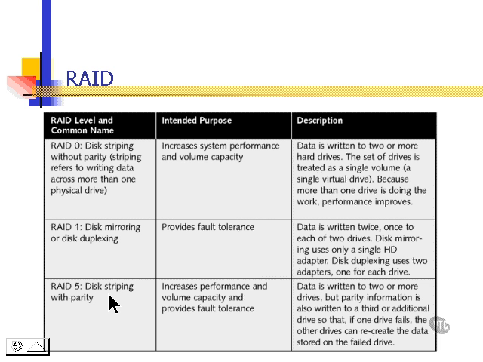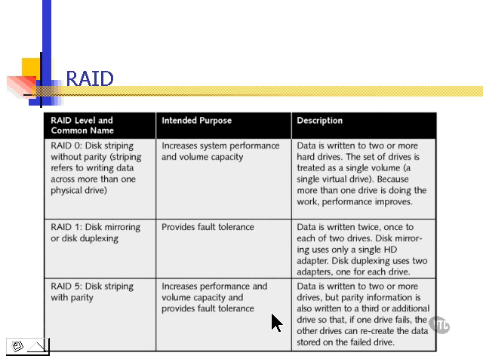RAID level 5 is disk striping with parity. This increases performance and volume capacity and provides fault tolerance. With RAID level 5, data is written to 2 or more drives, but parity information is also written to a 3rd or additional drive, so that if one drive fails, the other drives can recreate the data stored on the failed drive.